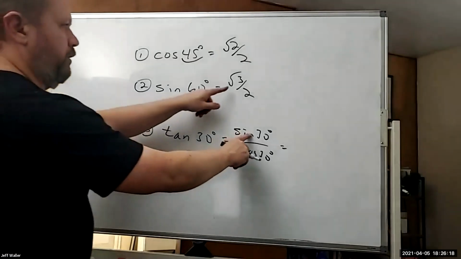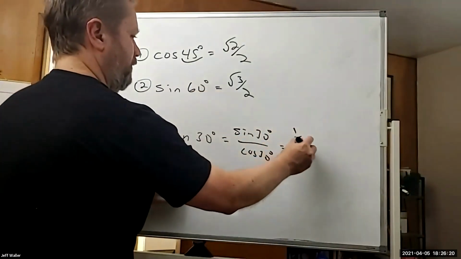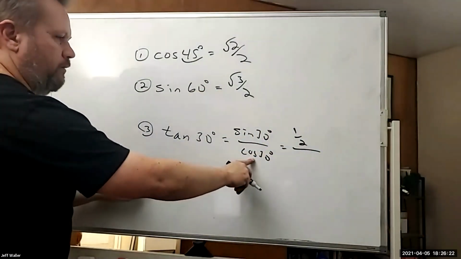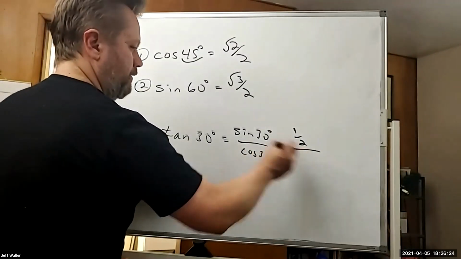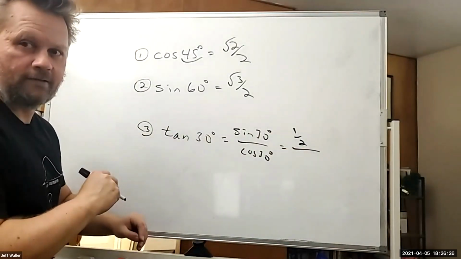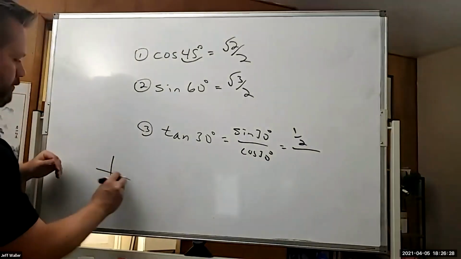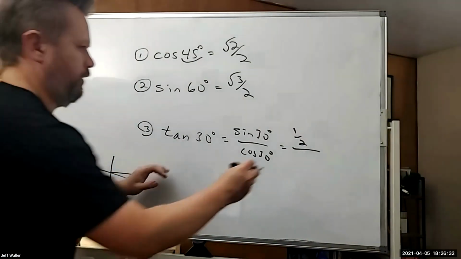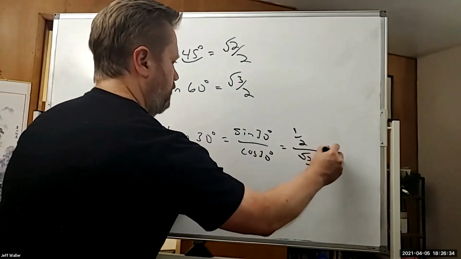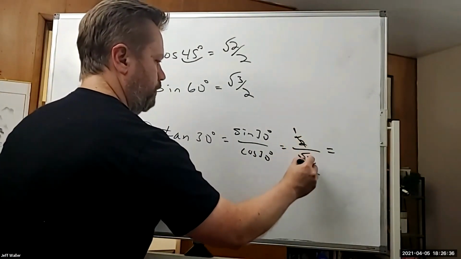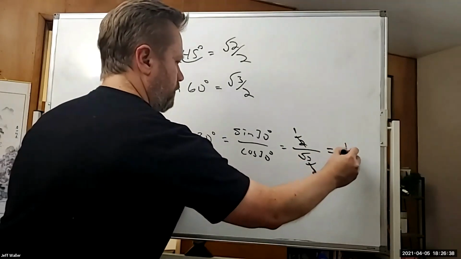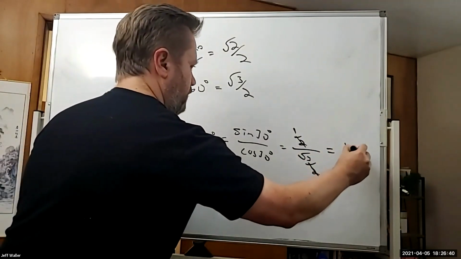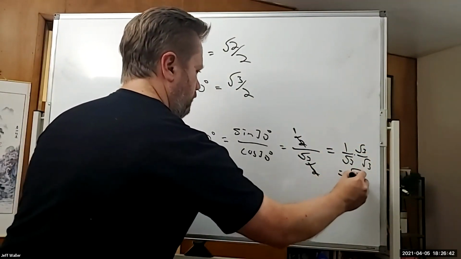Well, sine of 30 must be 1/2. And cosine of 30 is close to x. It likes it there. Rad 3 over 2. The over 2's cancel. Root 3 over 3. Yeah, and then if you rationalize this, you have rad 3 over 3.